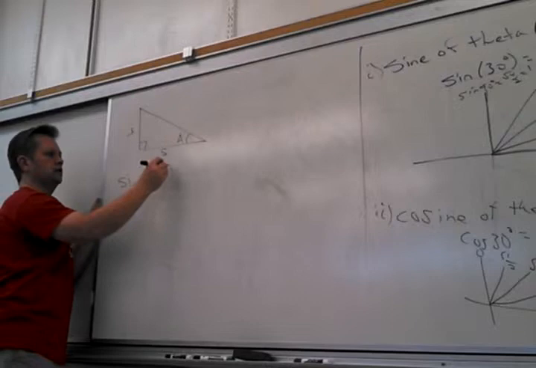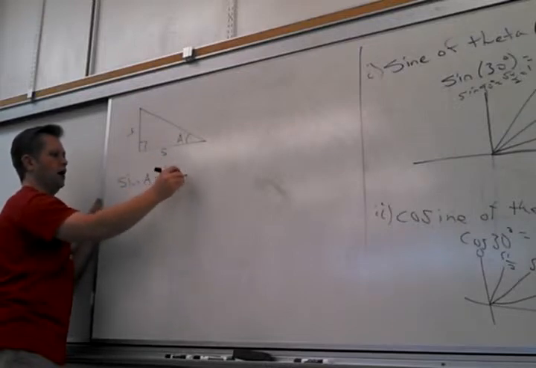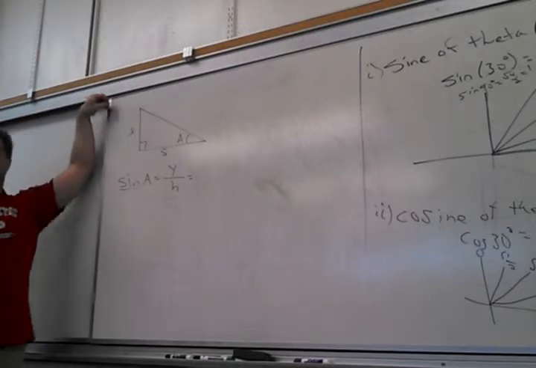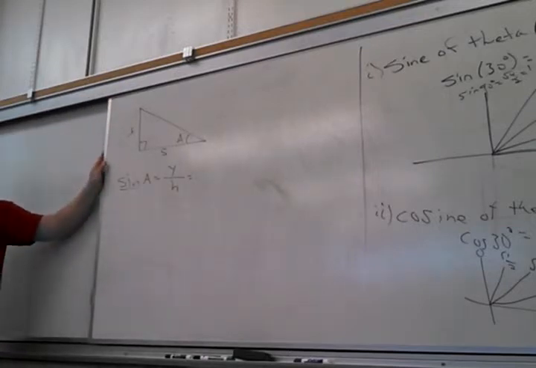So for sine, sine is defined to be the y piece over the hypotenuse. And of course, what do I not know? And of course, how do I get it? So far, in fact, through all of chapter 5 and most of 6, we'll have to be using right triangles.